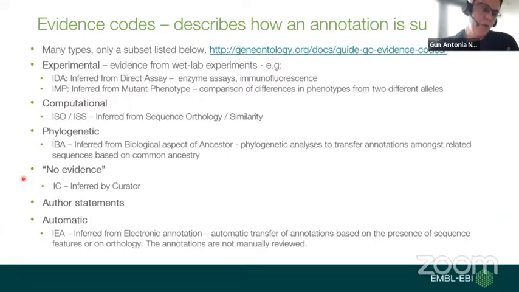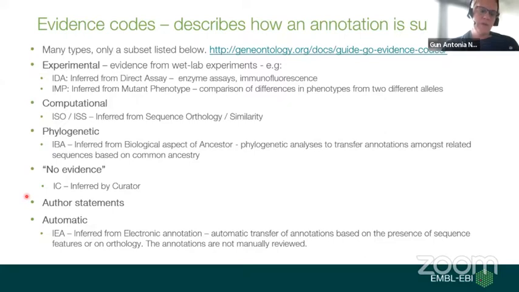We also have a no evidence evidence code, inferred by curator, IC. So that's, for example, if you have a protein that's been shown to be involved in transcription, you might be able to annotate it to nucleus, localized in the nucleus as well, based on an inference.